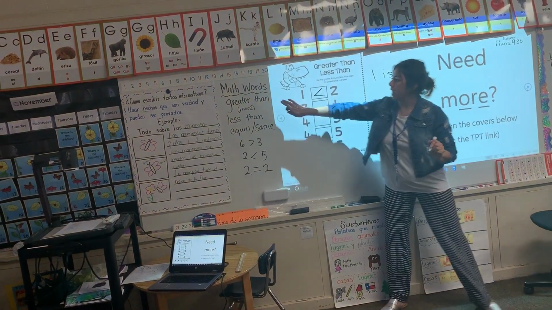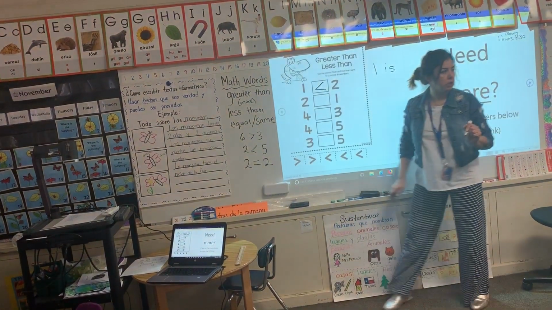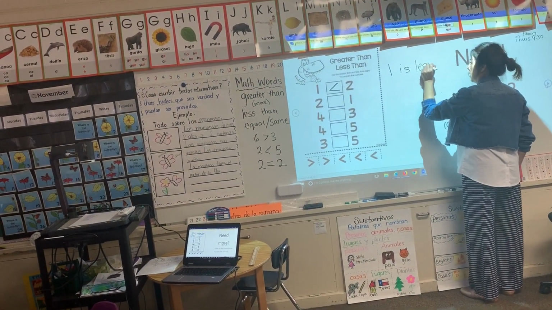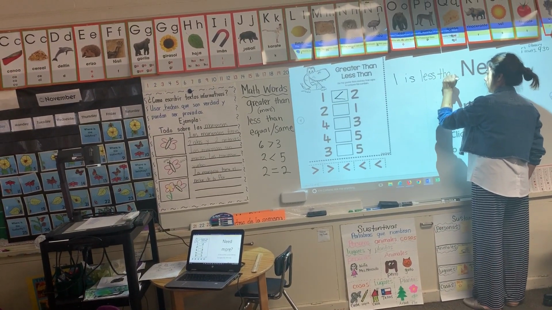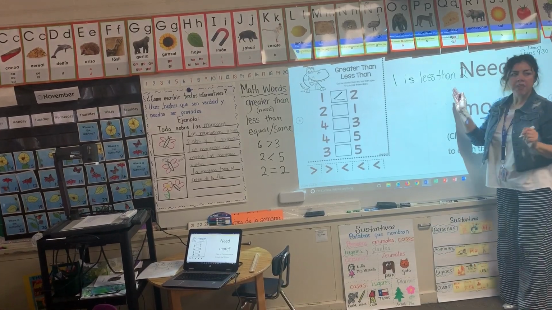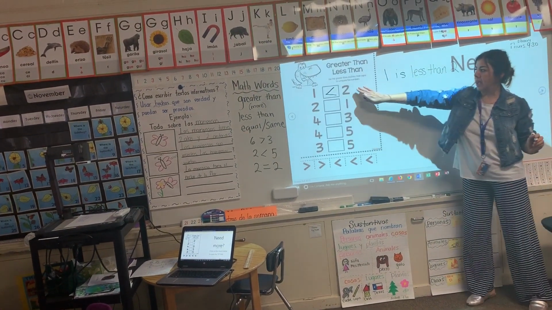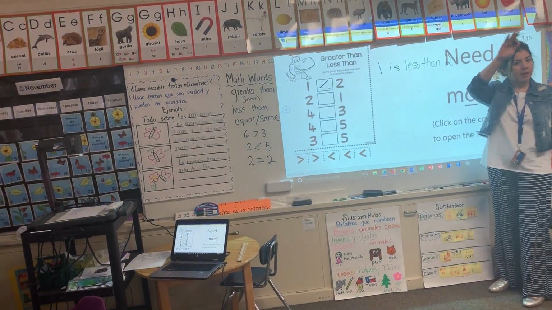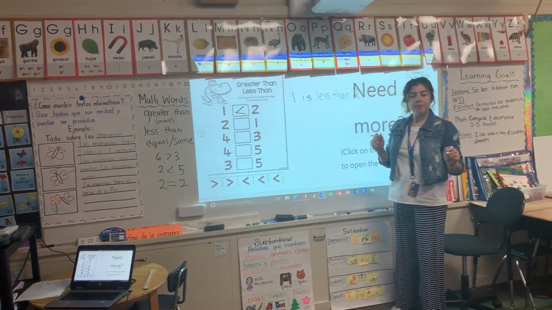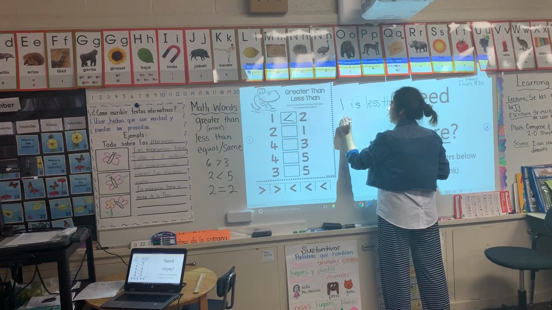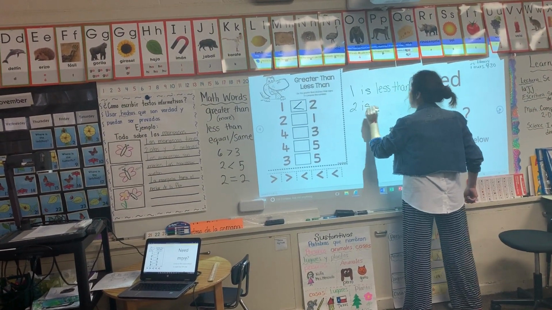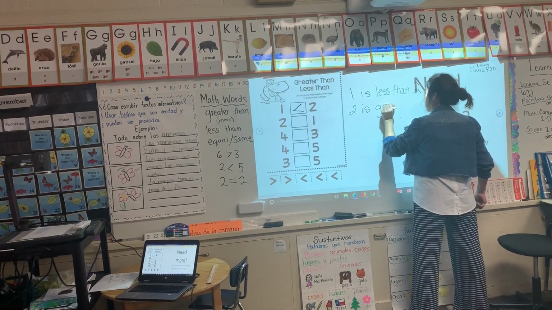Is 1 greater than 2 or less than 2? Less than 2. Okay, less than 2. Correct. Now, what's another way we can read this math problem? Can anybody tell me? How about 2 is... 2 is greater than 1. Good job.